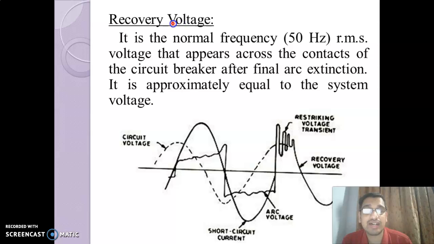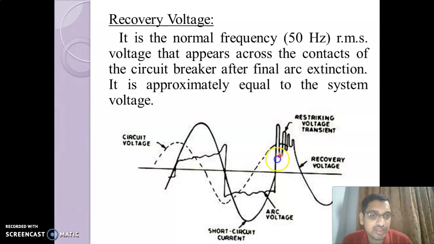Next one is recovery voltage. What is recovery voltage? Recovery voltage is the voltage between the contacts of the circuit breaker after the final arc extinction. Where the arc is extinguished, this is the end of the arcing period. After this point, you can see the voltage, and this is the recovery voltage.